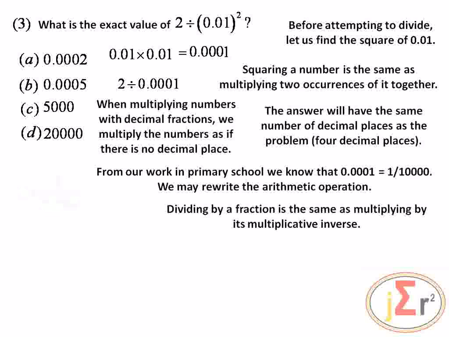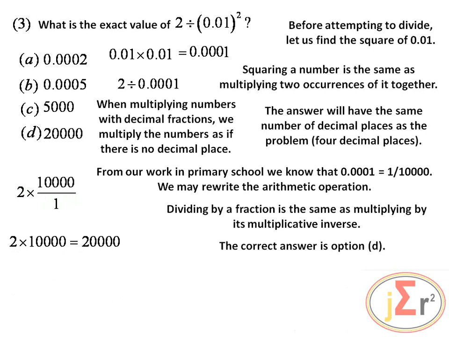So invert and multiply. Now we have 2 multiplied by 10,000, and the answer is 20,000. The correct answer is option D.